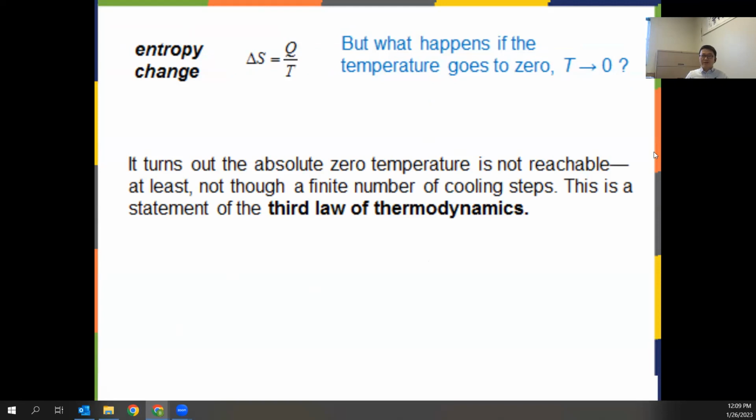That's the absolute zero of any system in the universe, but we haven't found any system that has a temperature equal to absolute 0. It turns out that absolute 0 is not reachable, at least for right now. This statement is considered the third law of thermodynamics: absolute zero is unreachable.